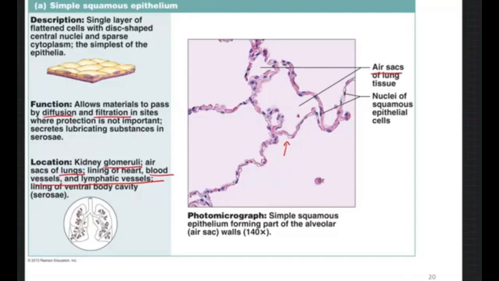Now, to clarify my comment before, that you need to know where a particular tissue can be found. I will never ask you the question, what type of epithelium lines the stomach? No. But I can ask you the question, the stomach is the place of intense secretion and some absorption, what type of epithelium is most likely present there?